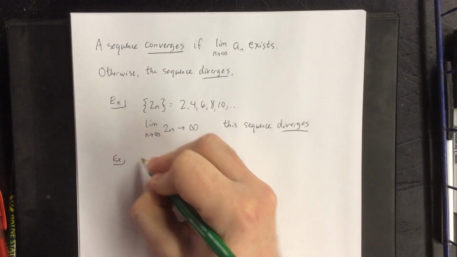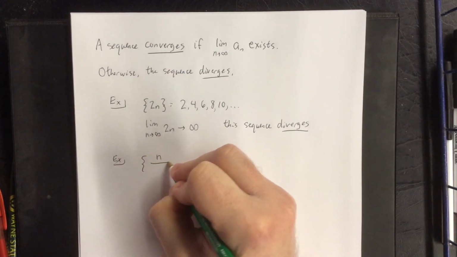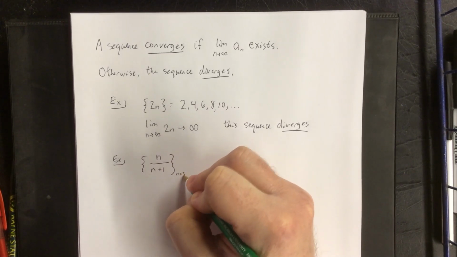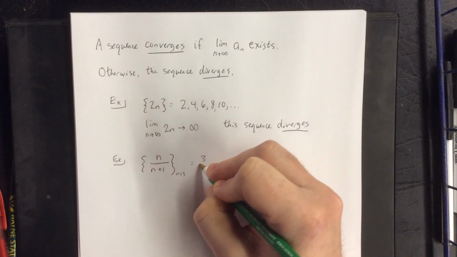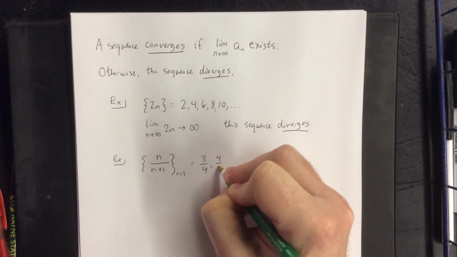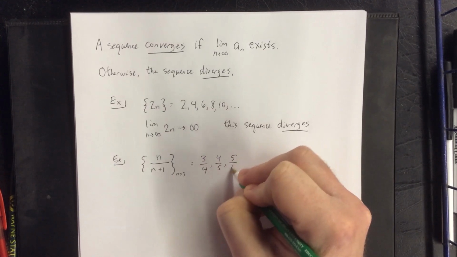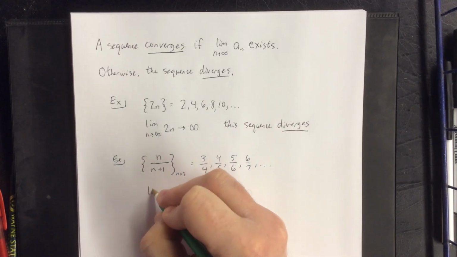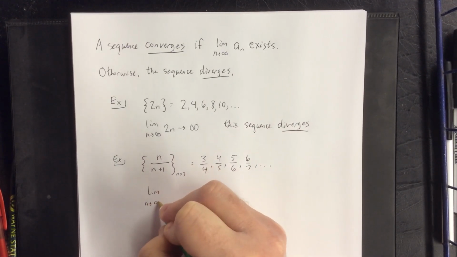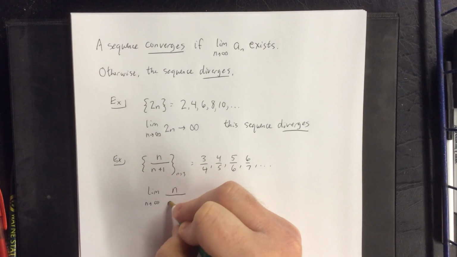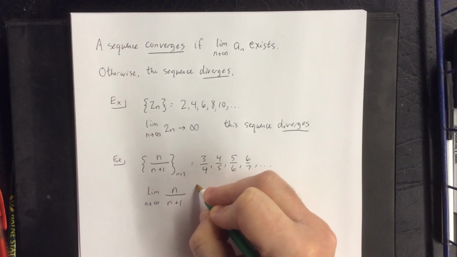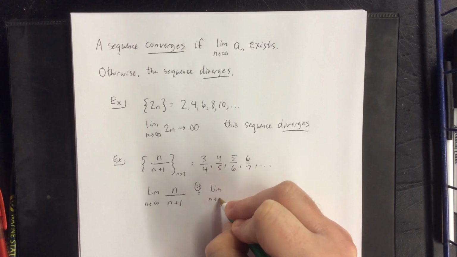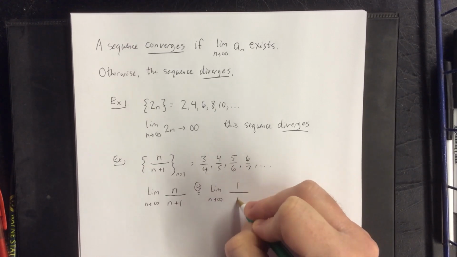Whereas on the previous page, when we had defined the sequence of n over n plus 1, starting at n equals 3, we wound up getting things like 3/4, 4/5, 5/6, 6/7, etc. If we were to consider the limit as n goes to infinity for this sequence, n over n plus 1, this can be evaluated through one use of L'Hopital's rule, and we differentiate the top and bottom with respect to n.